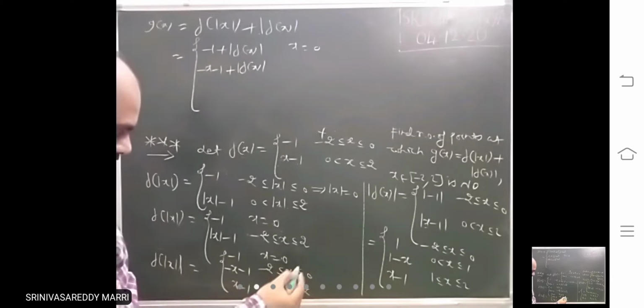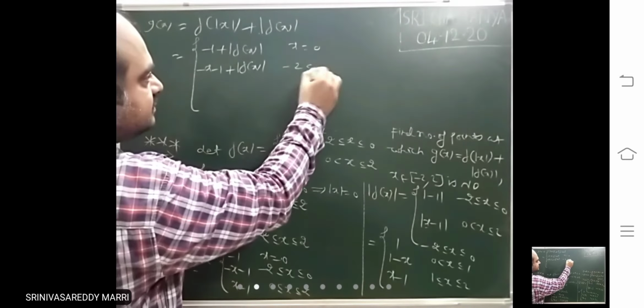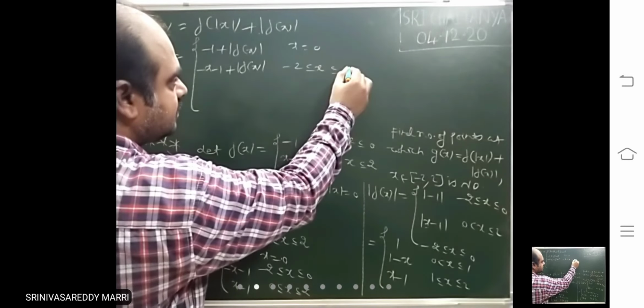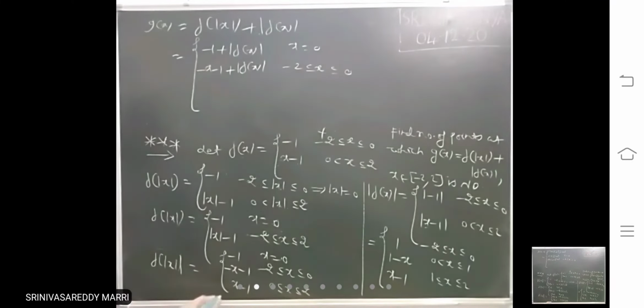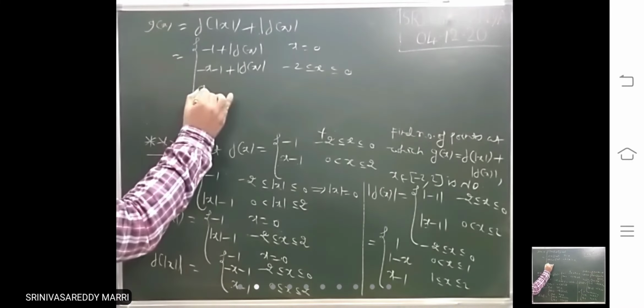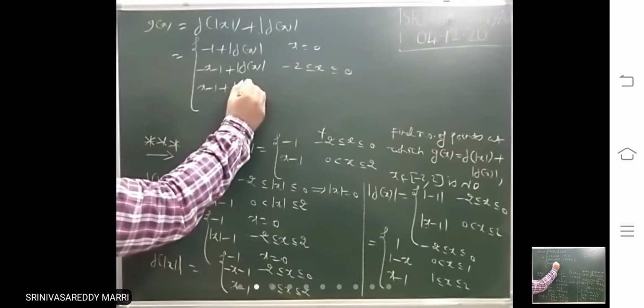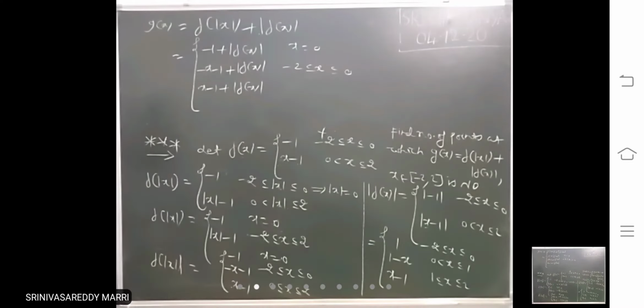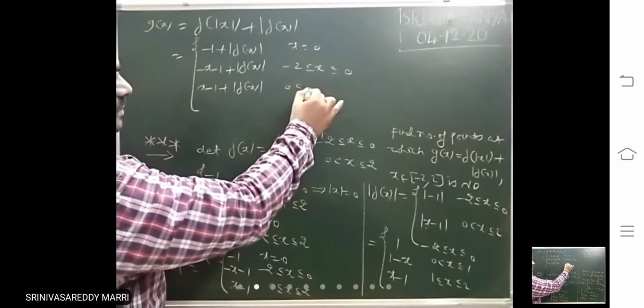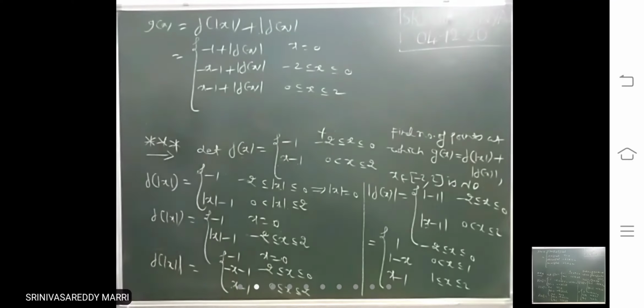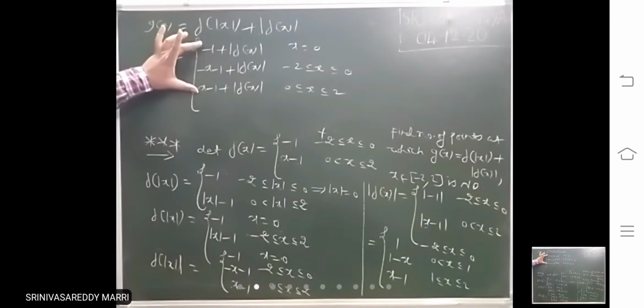So minus 2 to 0. Then x minus 1 plus modulus f of x, 0 to 2. Adding means I have written this one and I am adding this to this.